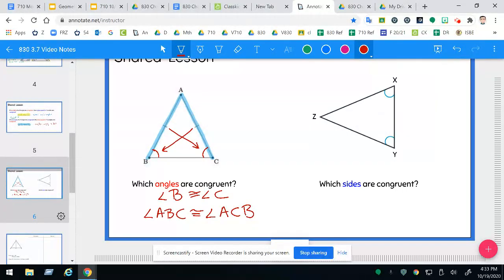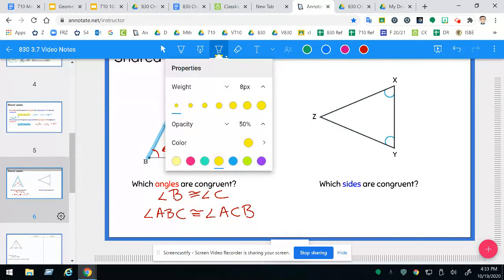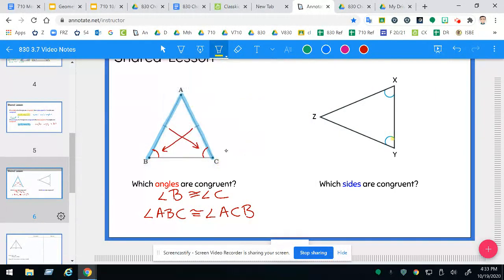Now moving over to the other diagram. Which sides are congruent? Well, here we were given two congruent angles, X and Y. And using our theorem, we want to again move across to the opposite side so we can identify segment ZY.